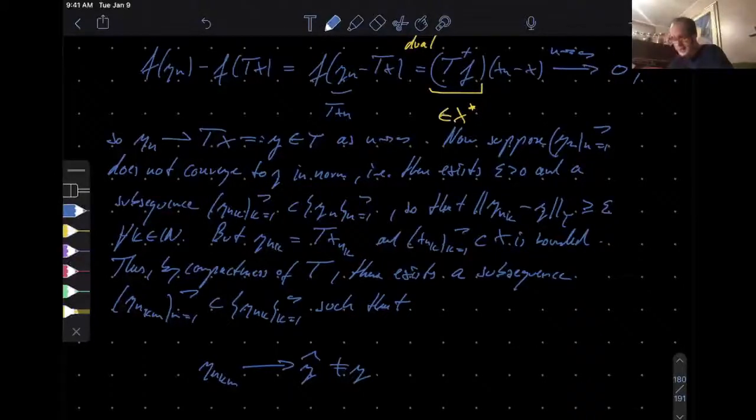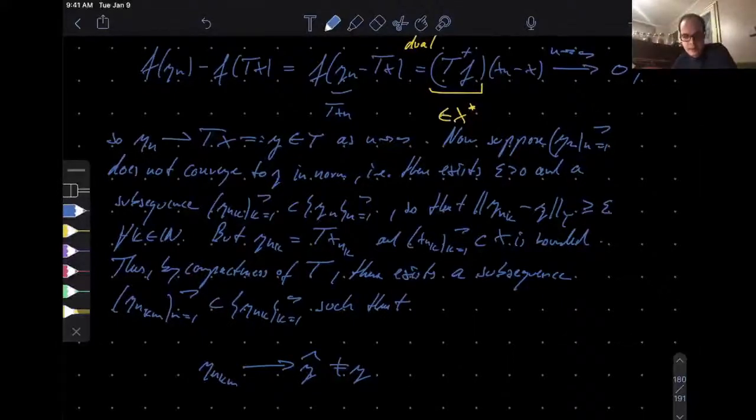Right. So now time-wise we're kind of off, so maybe I will stop here and not go over time again. We still have to complete the argument here, but there's not much left. We almost have the contradiction. This contradiction comes because weak limits are unique, right?